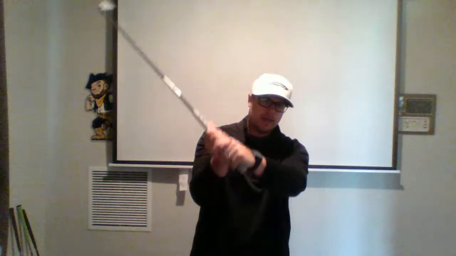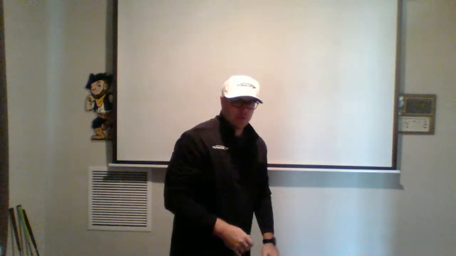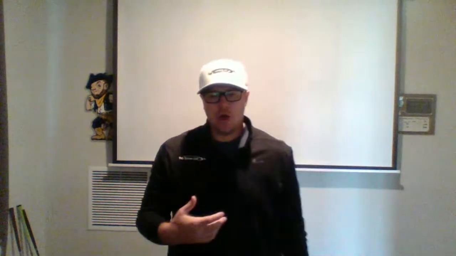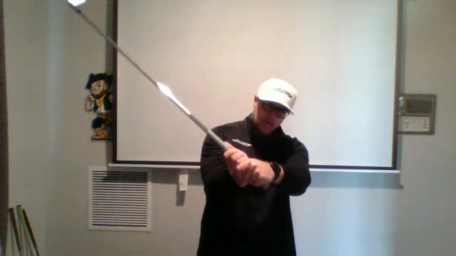But whatever happens, you've got to be in this position right here. As you're coming down, you've got to have this club shallowed out, and you've got to have the club starting to square up. Otherwise, it's going to be really difficult to be very consistent in golf. So get the club shallowed out, get that handle turning as you're coming down, and you're going to be able to start playing some more consistent golf.